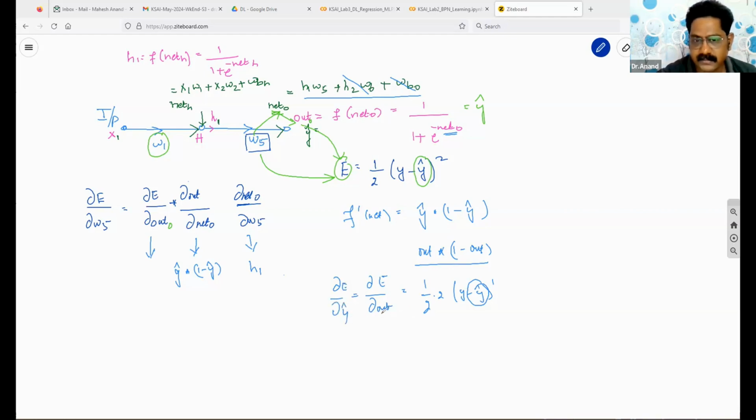Don't get confused with the term; you can write it either in terms of out or in terms of y cap. So the 2 cancels, and the derivative of minus y cap or minus out gives minus 1. So this expression is minus of y minus y cap.